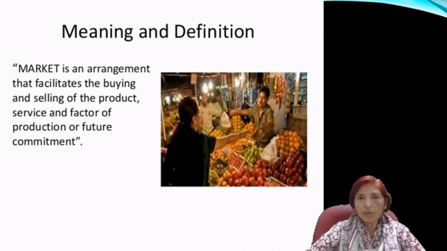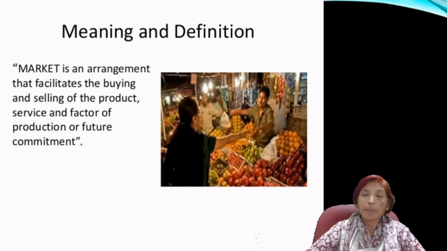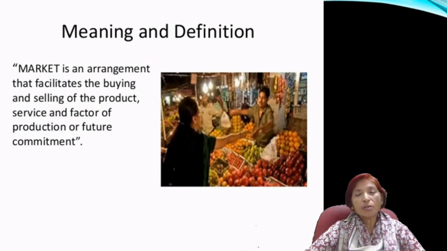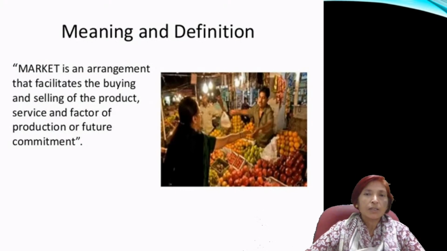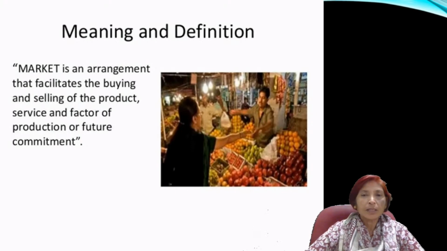Because there are different forms of market, like one is the commodity market or goods market, another is the factor market where factors of production can be sold or purchased, and next is the capital market where capital resources can be bought and sold. So there are different forms of market in an economy.